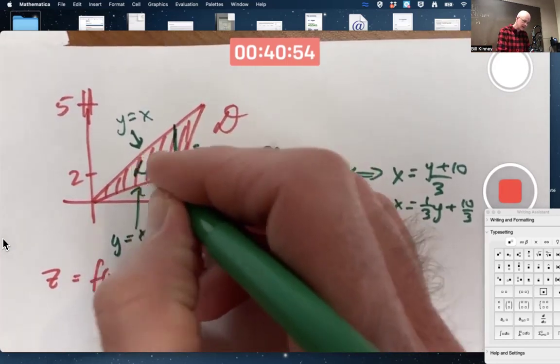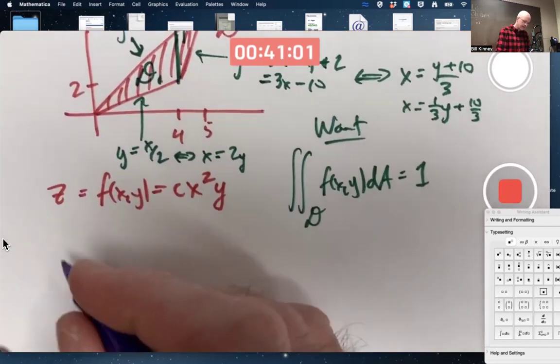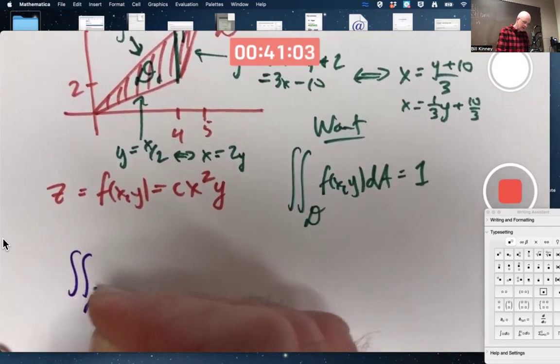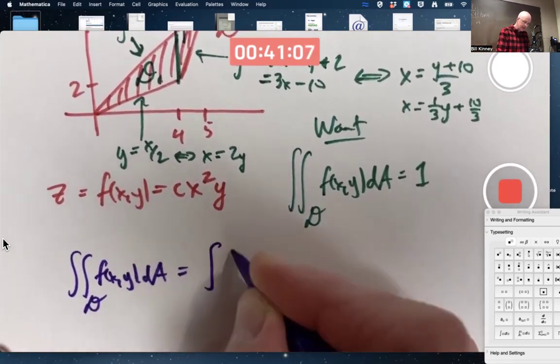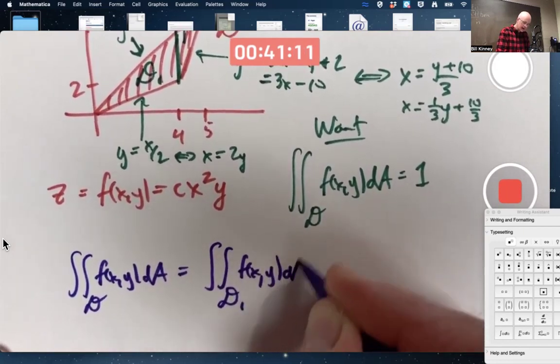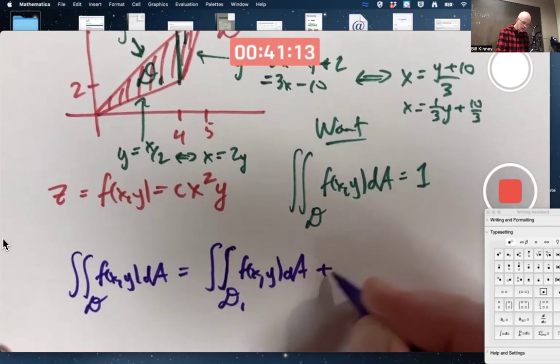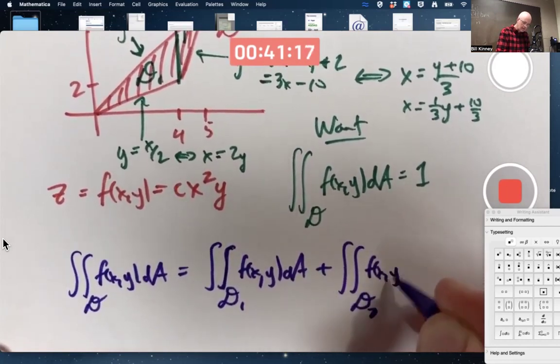Maybe I'll call this piece D1 and this piece D2. The integral over D is going to be the sum of the integrals over D1 and D2.